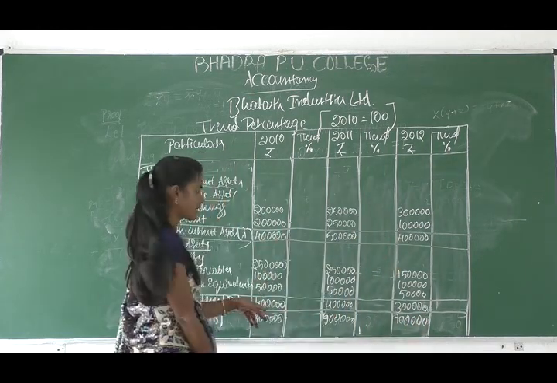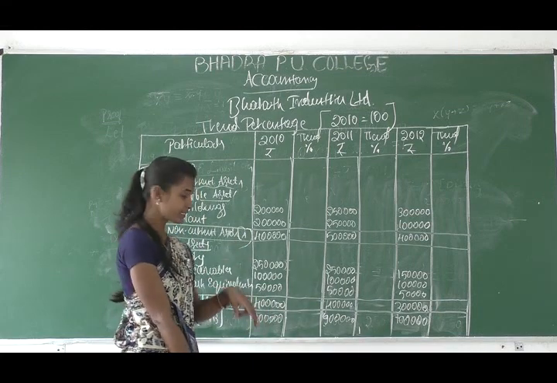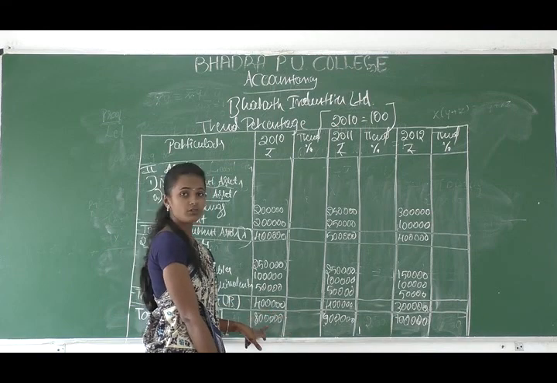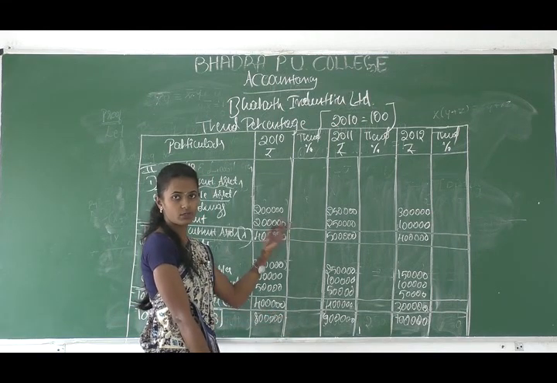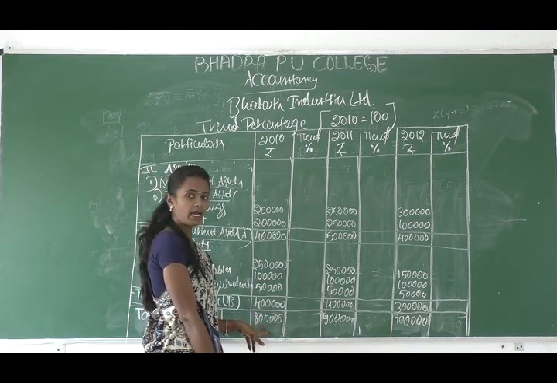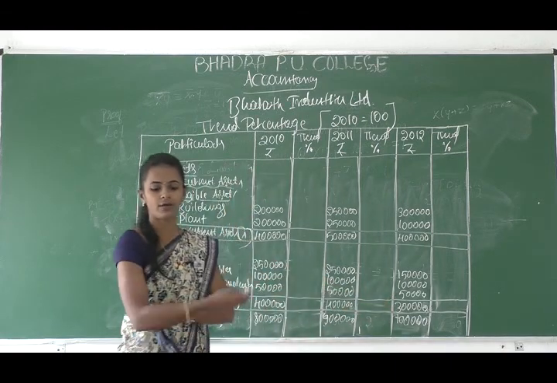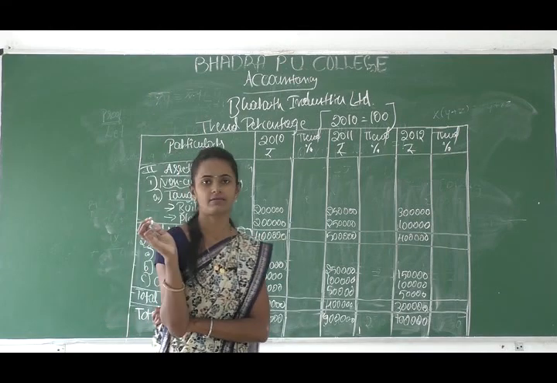Go back to your total equity and liabilities and check the amount. We must get the same amount. We had 8 lakh, 9 lakh and 7 lakh there, and here also we have 8 lakh, 9 lakh and 7 lakh.